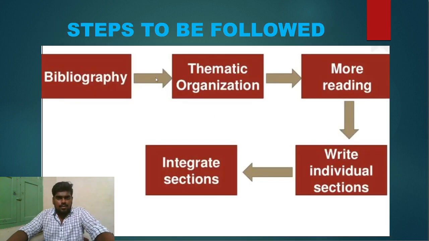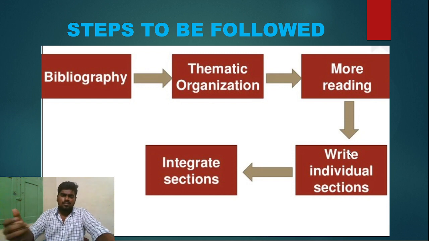So these are the steps to be followed in order to do a literature review. First, we have to do a bibliography, then thematic organization, then more reading, and then we have to write individual sections. That means we have to write individual topics, and then correlate all those topics, and that will be the completion of our literature review.